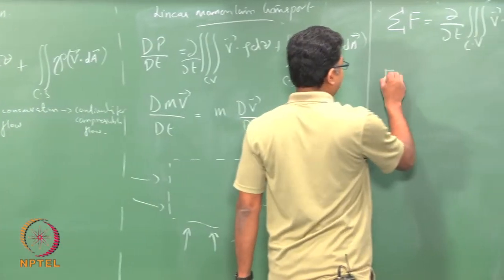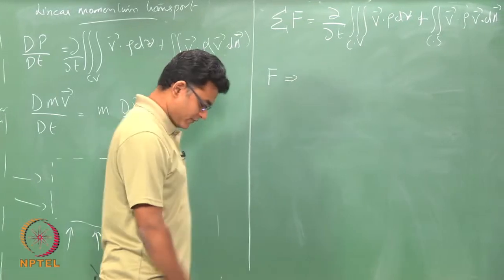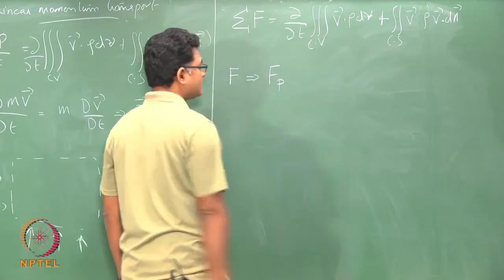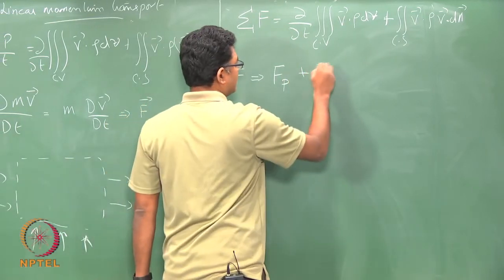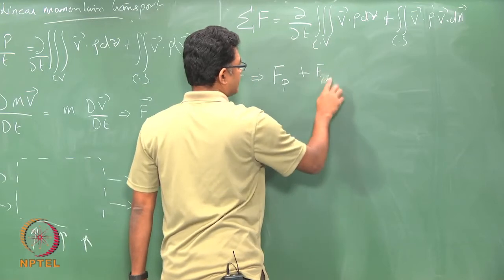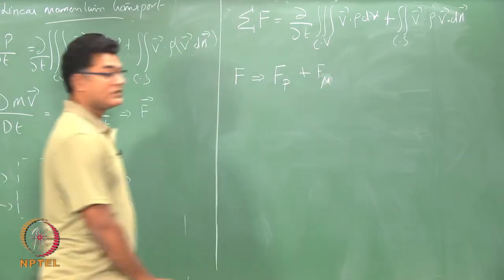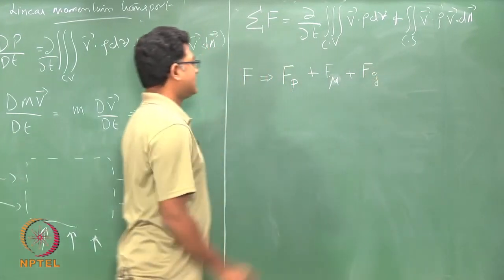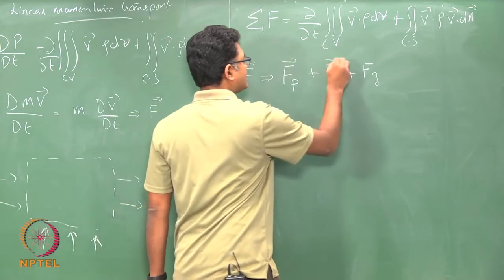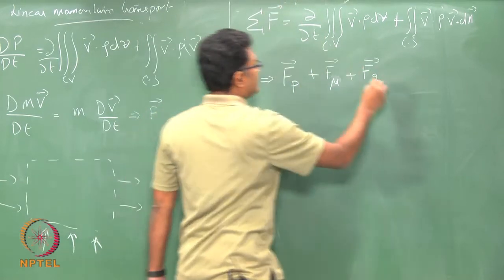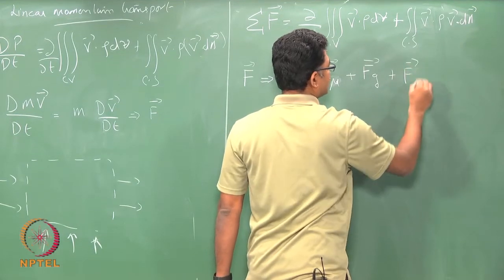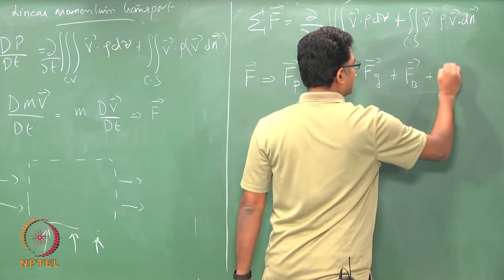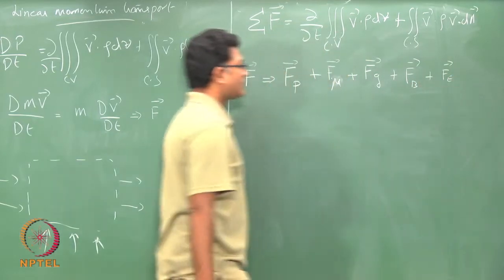So, your F, we did not assume any form for the force. So, this can be forces due to pressure, forces due to viscosity, forces due to gravity, forces due to say magnetic field, forces due to say electric field or any such thing.